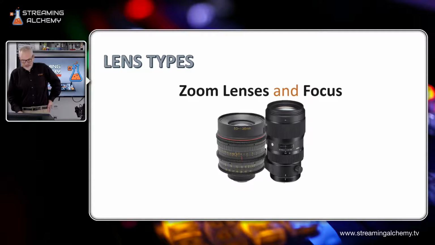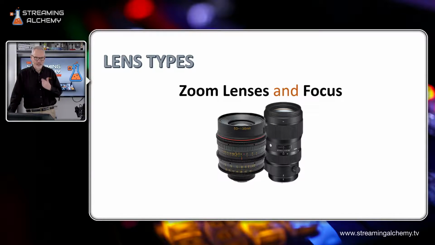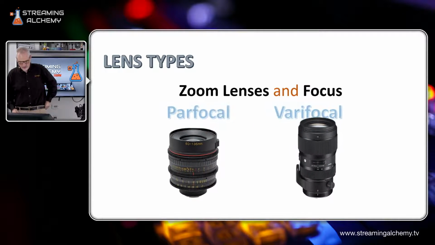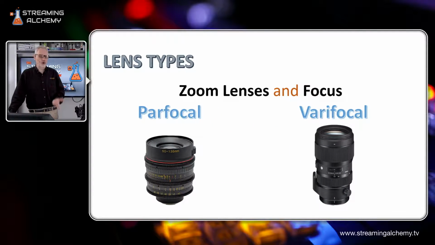So the other thing when you think about zoom lenses, though, has to do with focus. There are two types of zoom lenses when you look at focus. One is called parfocal, and the other is called varifocal. Now, a parfocal lens keeps the focus of the lens throughout the entire zoom range.